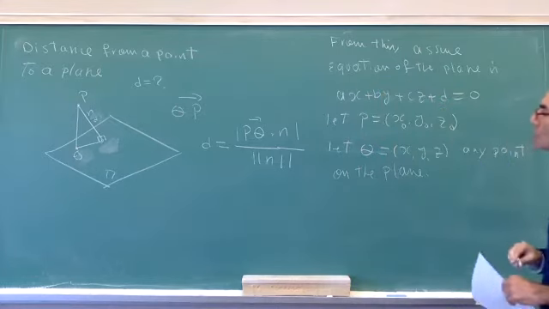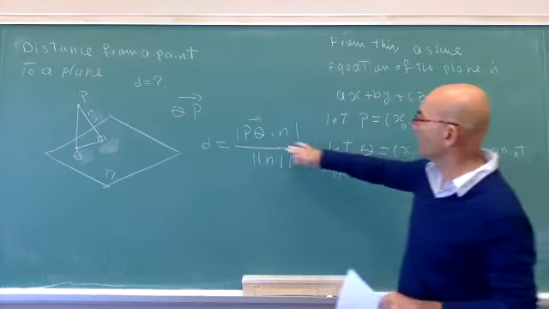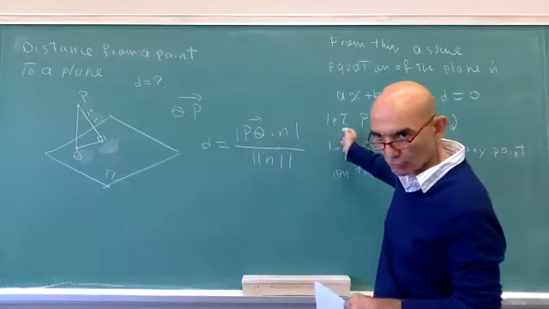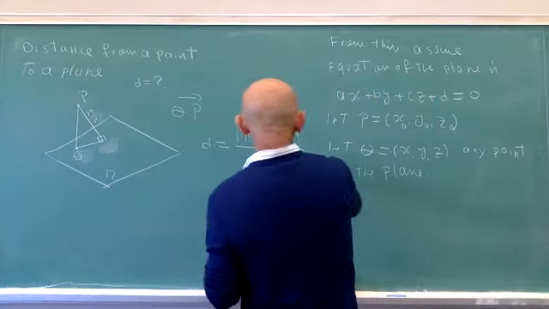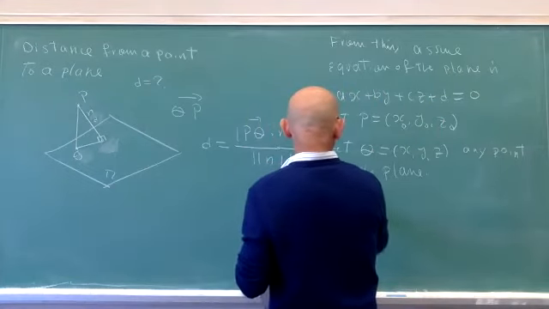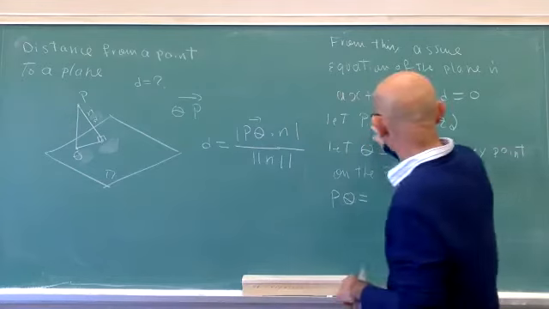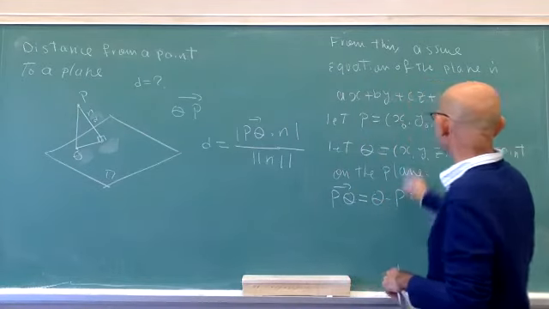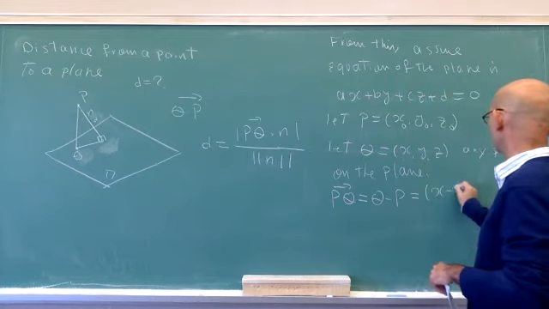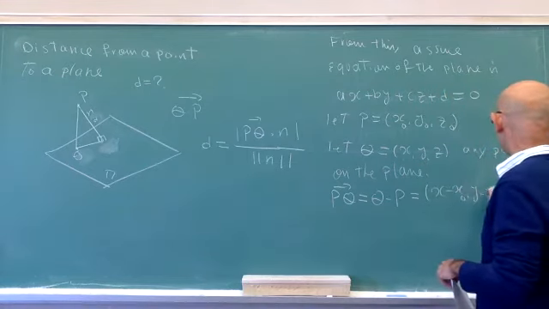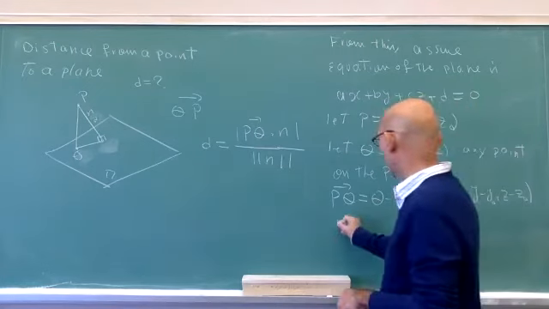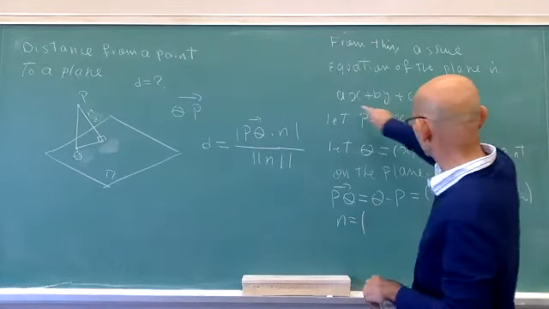Okay. So all we have to do is sub into this formula and then compute. That's all we have to do. So what happens? Then PQ, of course, is equal to Q minus P. So this vector is Q minus P, which is x minus x0, y minus y0, and z minus z0. And the normal vector n, of course, is ABC.